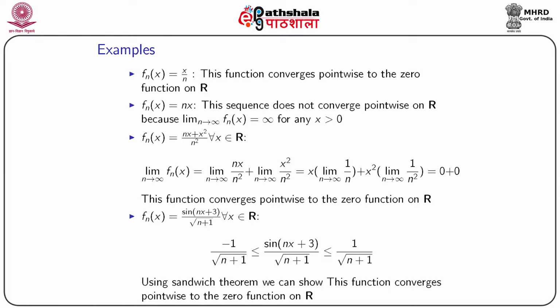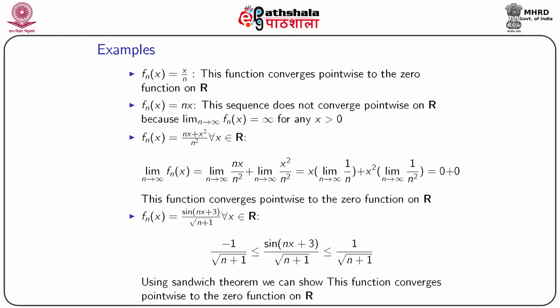So the limit of nx over n square plus the limit of x square over n square. If I take x out of the limit, we will be left with the limit of 1 over n, and for the second term I take x square out of the limit and we are left with the limit of 1 over n square, and both these limits go to 0. So that means this function converges pointwise to the 0 function.